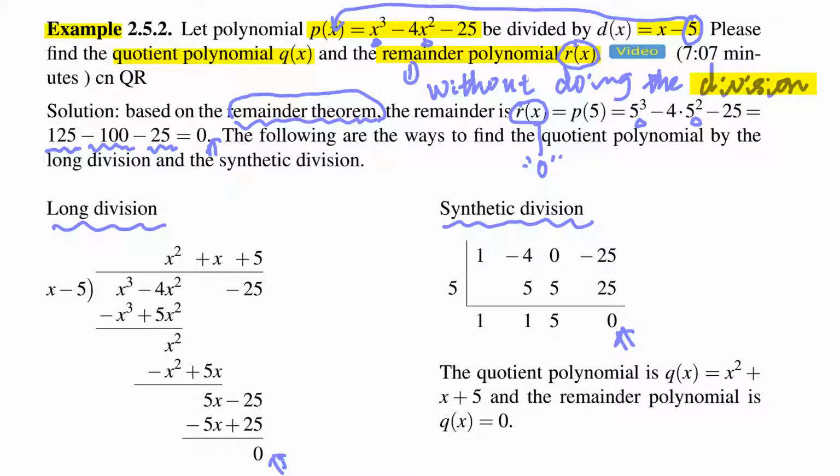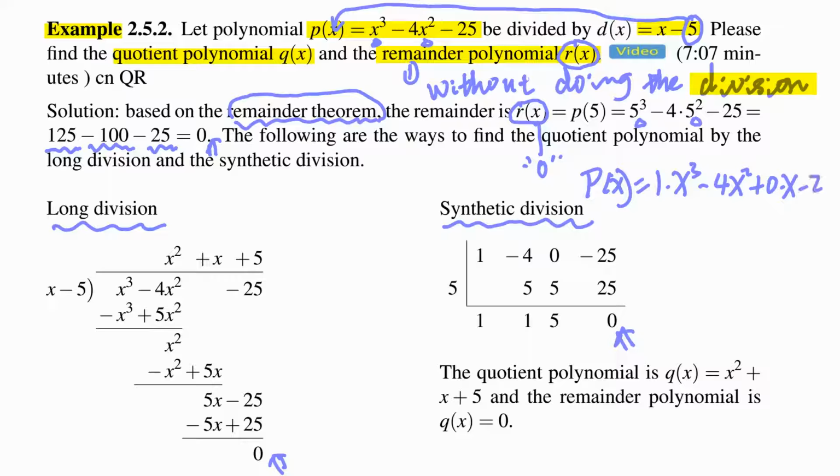Okay. We have 1, -4, 0, -25. Those numbers are from where? From here. You see, p of x is x cubed, meaning 1 times x cubed right here. And then minus 4x squared. There is no x term, so you may put 0 times x.